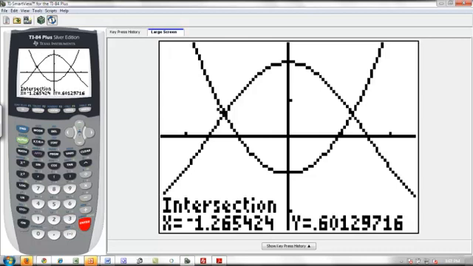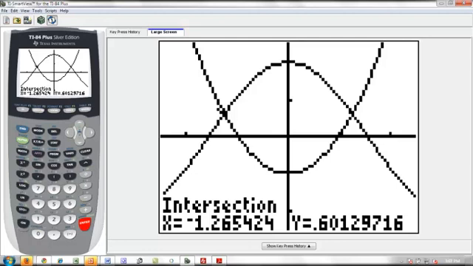Because there are multiple intersections, how do we specify that this is the intersection that we want as compared to the intersection on the right-hand side? Kind of move to the left when you want that one. And so we find that the x value at that intersection is -1.265424.